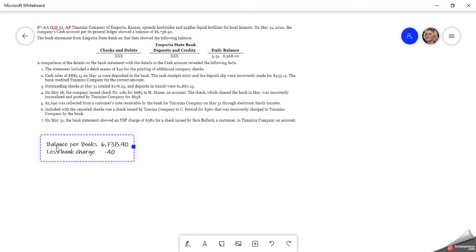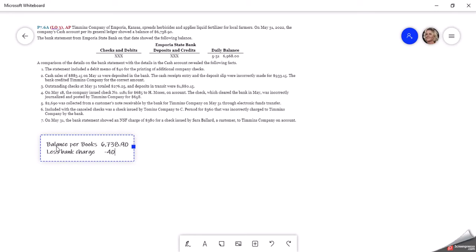Okay, then it says cash sales of $883.15 on May 12th were deposited in the bank. The cash receipts entry in the deposit slip were incorrectly made for $933.50. The bank credited the company for the correct amount. So then we correctly deposited $883.15, so it would be correct on the bank's account.